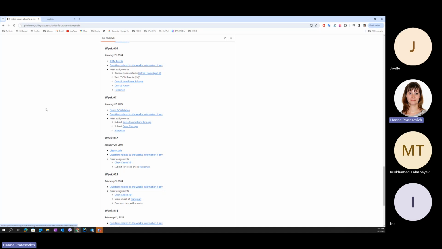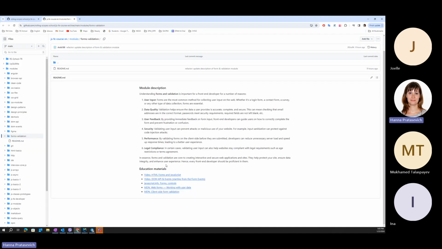And related to educational materials, this week you should learn about forms and validation. There are a bunch of links. Some of these links are to video materials from our technical events, and some of them are articles to read, and it is up to you what type of information is more applicable for you.